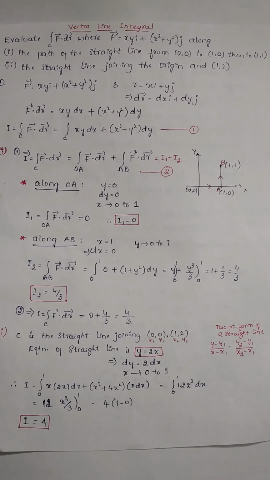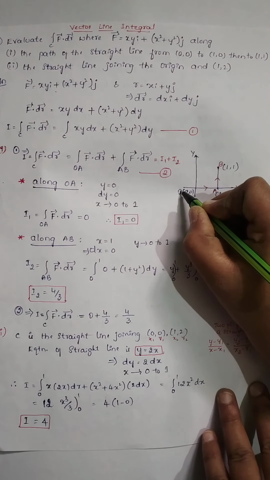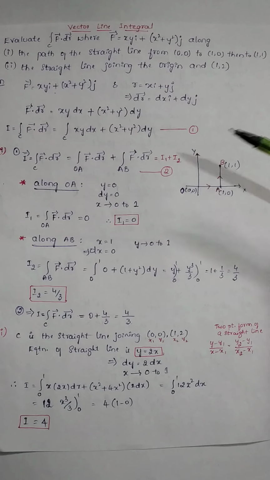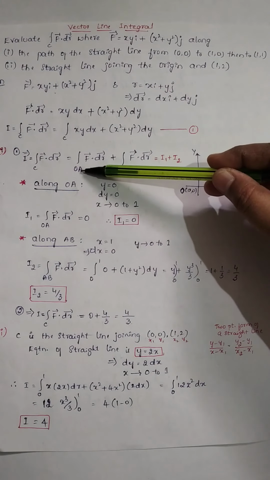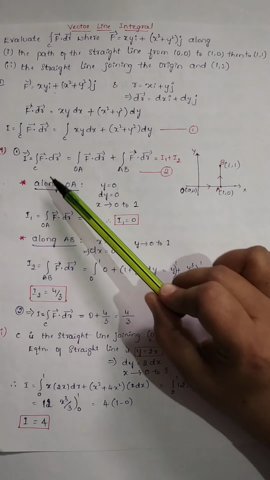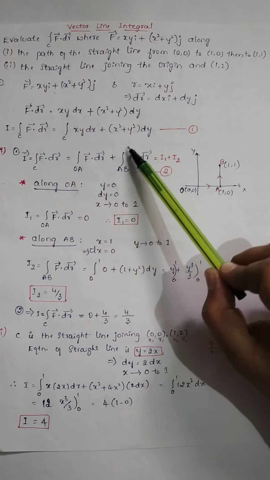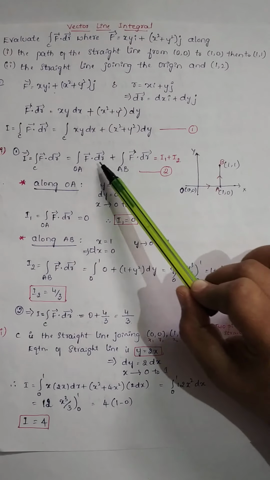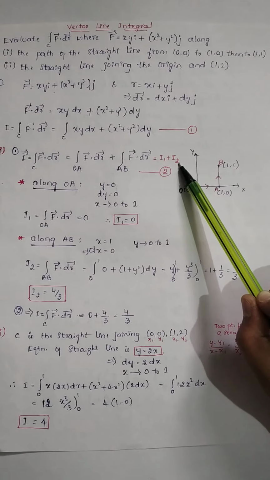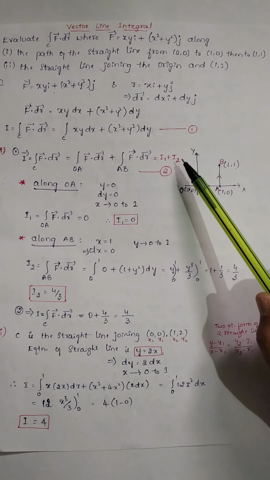So you are evaluating this I over OA and also AB. You are splitting this integral over C as the integral over OA plus the integral over AB, and calling these two I1 and I2. To find the answer of the first question, you need to find I1 and I2.